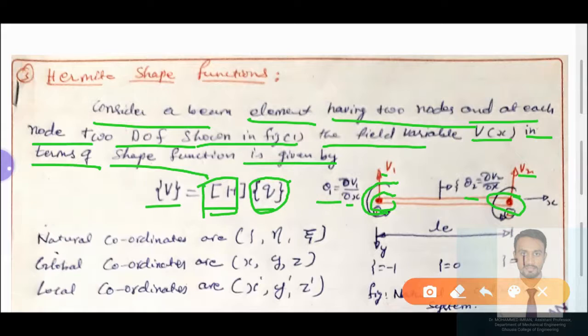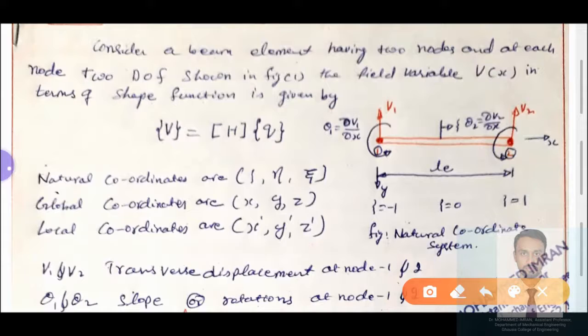The length of the element is equal to LE, representing this beam element along the x-axis and the y-axis, where we have the beam element represented in a natural coordinate system. These characteristics come in a non-dimensional coordinate system.